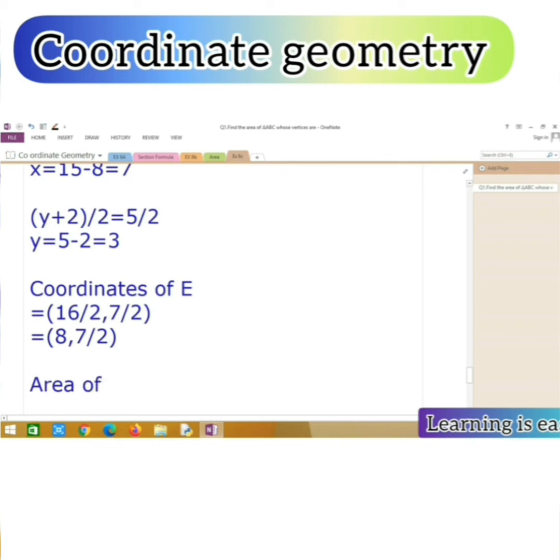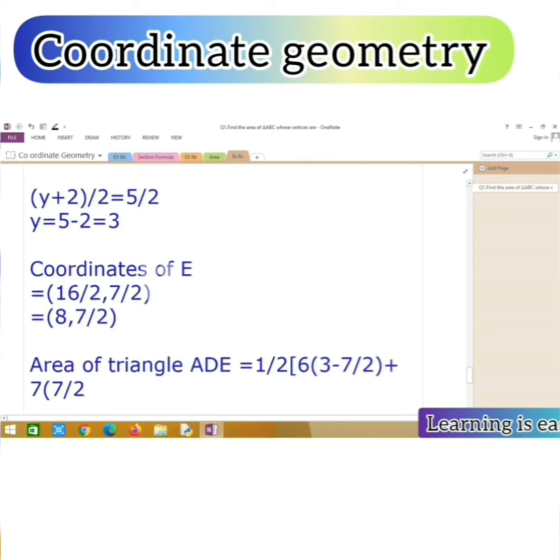So area of triangle ADE equal to half into 6 into (3 minus 7 by 2) plus 7 into (7 by 2 minus 1) plus 8 into (1 minus 3).